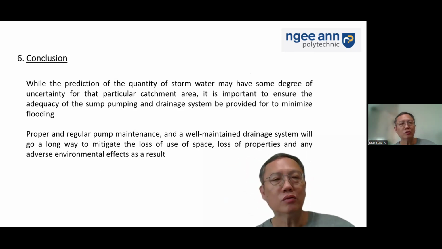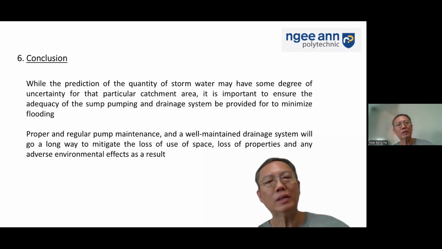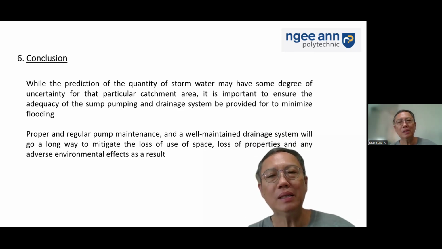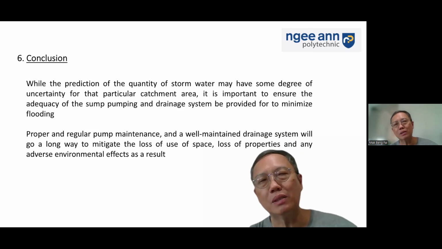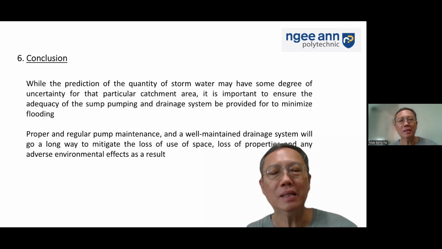Now, in conclusion, I want to say that the quantity of storm water we estimate may not be 100% accurate because there is some degree of uncertainty, especially when it comes to rainfall. It's always based on probability.